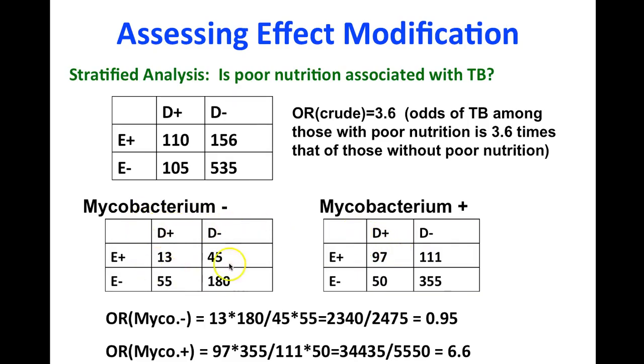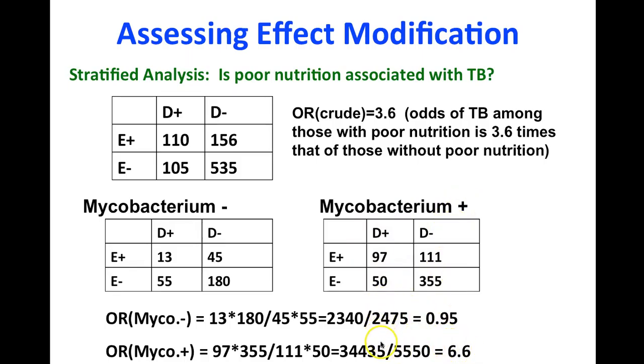First we get an odds ratio for those people who have no mycobacterium present, negative. Their odds ratio is 0.95. Then we do the same stratum-specific odds ratio for mycobacterium present, and that odds ratio is 6.6.